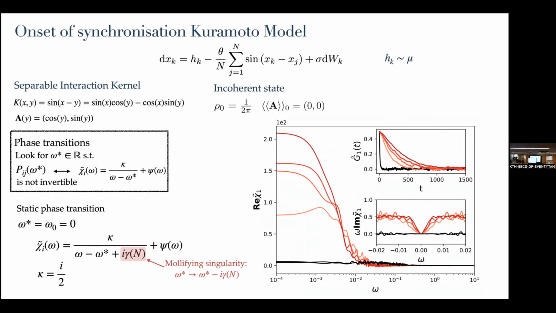But I guess it's not easy to do this process of checking where this matrix is non-invertible analytically, no? Yes, of course, but it's the same complexity, I would say, as when you want to study the phase transition for the Kuramoto model. Then you have to find a spectral problem for a linear integro-differential operator. Yeah, it's the same.